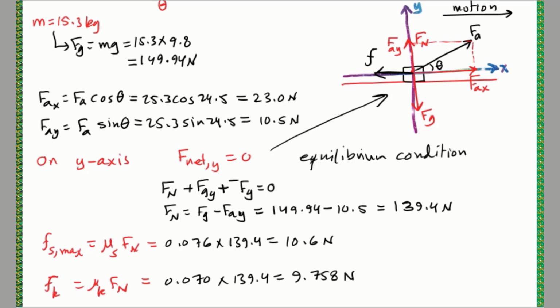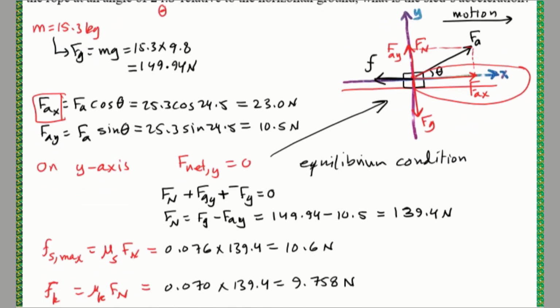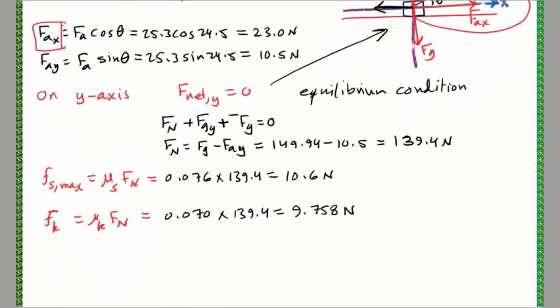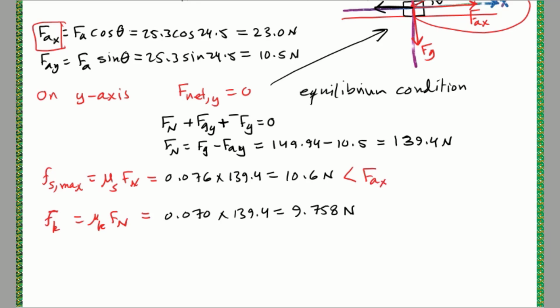Here we need to compare the two frictional forces with Fax. What is the motive force? Fax will put the object into motion. We see that Fs maximum is less than Fax.